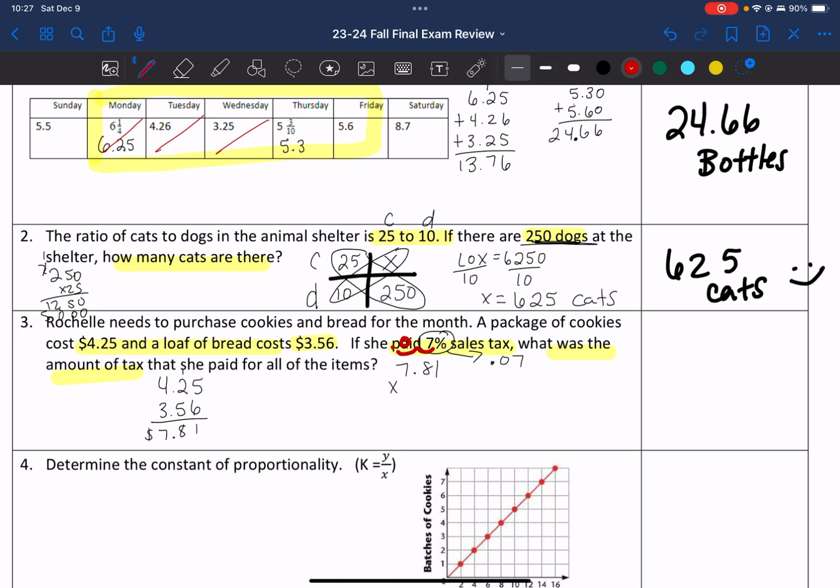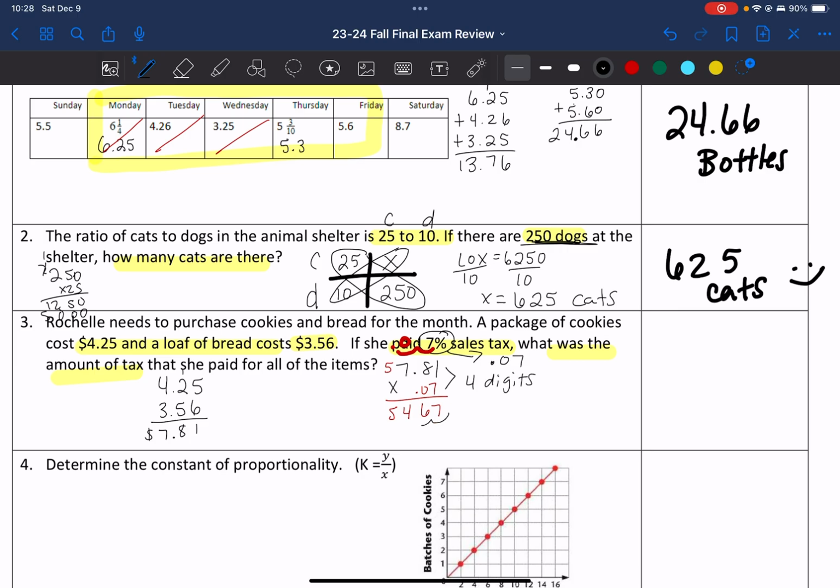Okay, so here, times 0.07, 7 times 1 is 7. 8 times 7 is going to be 56. 7 times 7 is 49. Plus 5 is going to be 54. Okay, so now we have to worry about how many digits are to the right of the decimal. That is 4 digits.